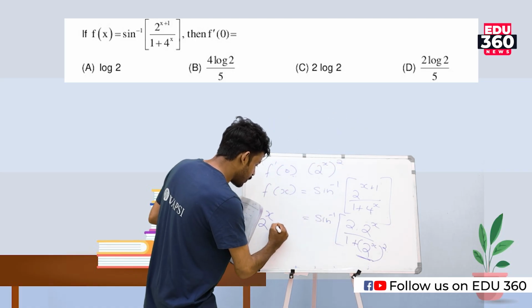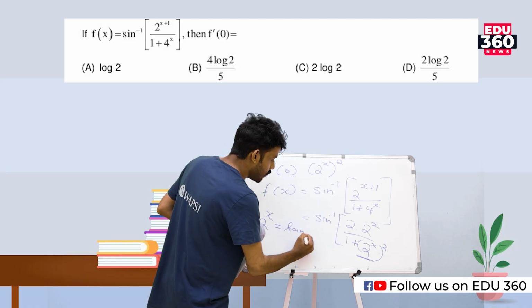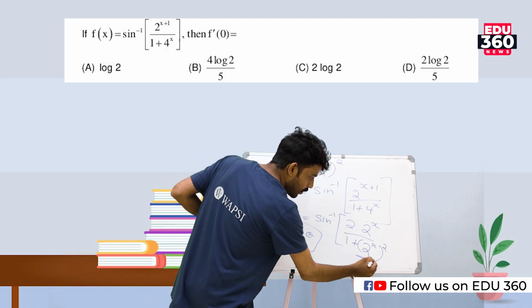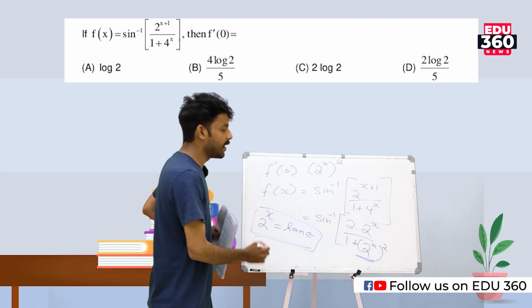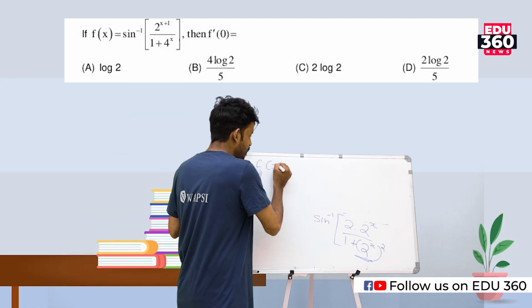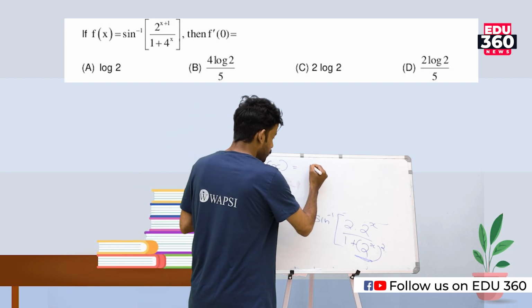In the next step we can substitute 2 raised to x is equal to tan theta. So after substitution we can write f of x is equal to sine inverse.